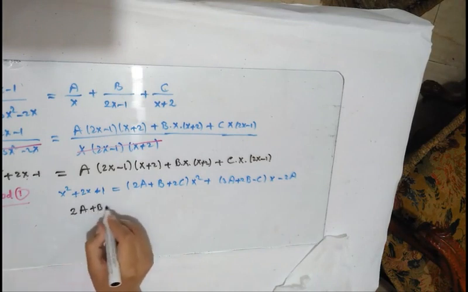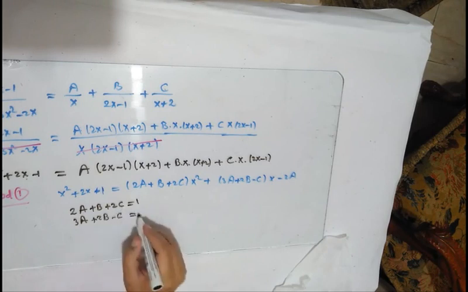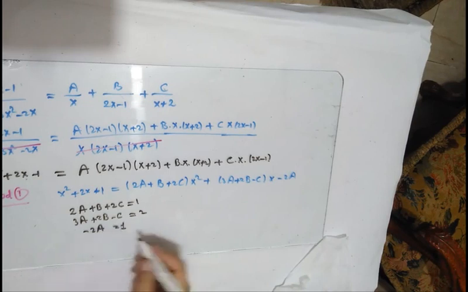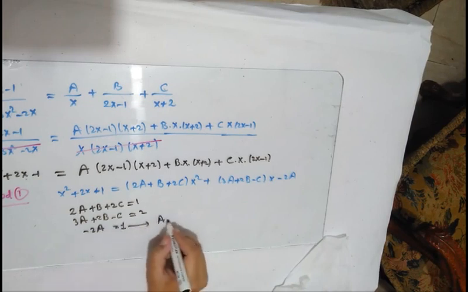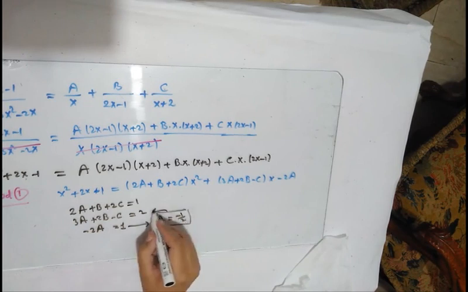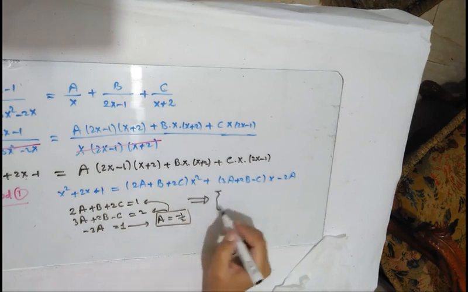So by comparing the coefficients, we will have the coefficient of x squared, which is 2a plus b plus 2c equals 1, and the coefficient of x, which is 3a plus 2b minus c, which is 2, and negative 2a equals 1. So from here you will have a equals negative half, and then maybe you substitute here and here, so you will get this system.